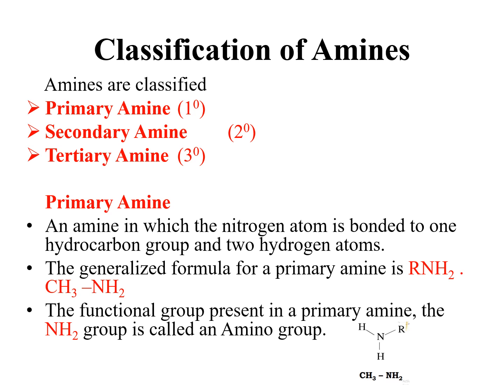The functional group present in a primary amine is the NH2 group, known as the amino group. At the bottom of this slide you can see the open structure of primary amines. You can see that there are 2 hydrogen atoms attached to nitrogen and one bond is with the alkyl group.